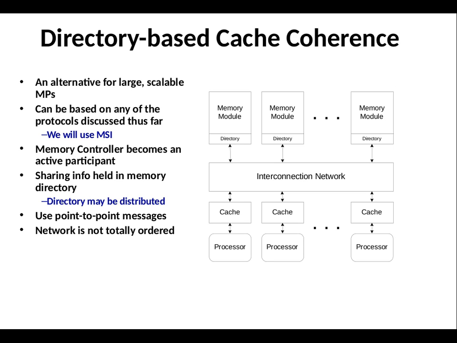Now you have multiple memory modules. Beforehand I was saying you have one massive directory. Now what we're saying is that you split up your main memory into modules and then a directory for each one. Then the directory can be distributed, which means that instead of having one giant brain, you can have multiple little ones, and that way your interconnect network knows which directory to go to, which does help with your scalability.